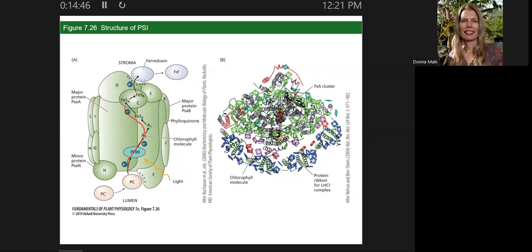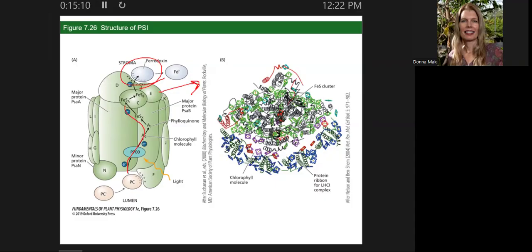Okay, so if everything's going okay, it'll pass through all those players in photosystem 1 until it gets to the ferredoxin. So you can see ferredoxin sitting there, it's associated with photosystem 1 waiting for that electron. And then if that electron is given to ferredoxin, they're trying to show that it then releases off of photosystem 1. And then it's mobile.